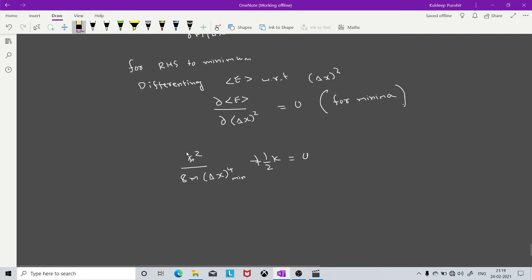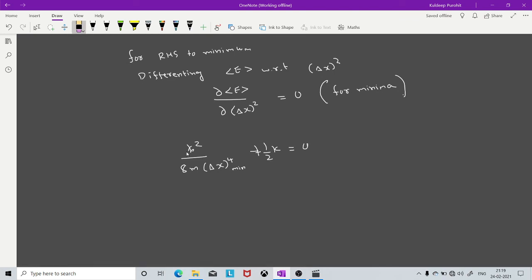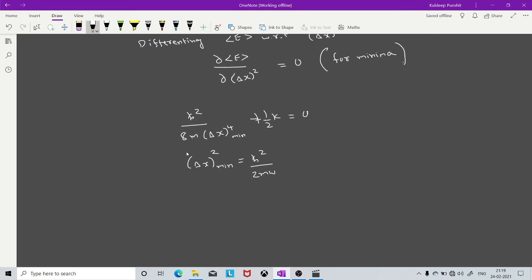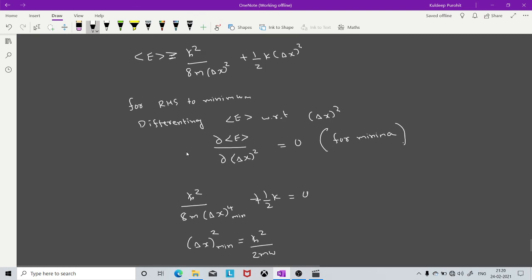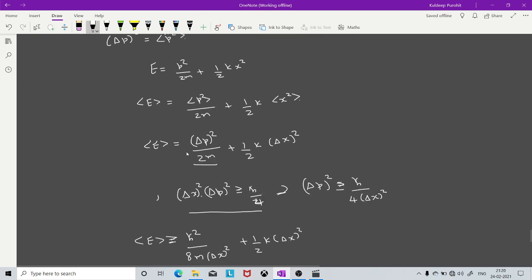If you solve this, then you will get the value of delta x corresponding to minima, delta x square equal to h cross by 2m omega.